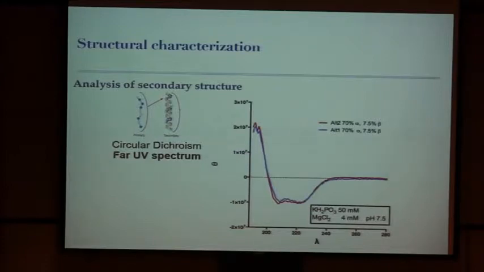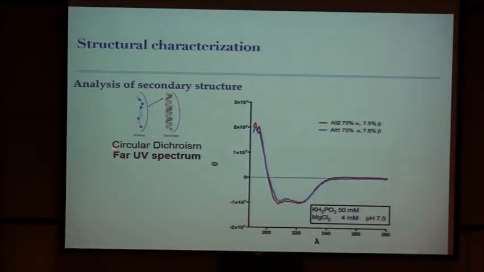Well, the next question is, does L2 not bind alanine because it has a different structure than L1? For this, I performed a structural analysis. The first study that we did was the study of the secondary structure.